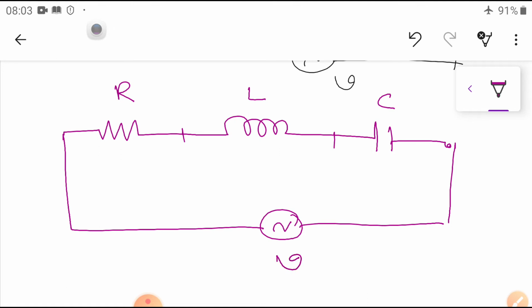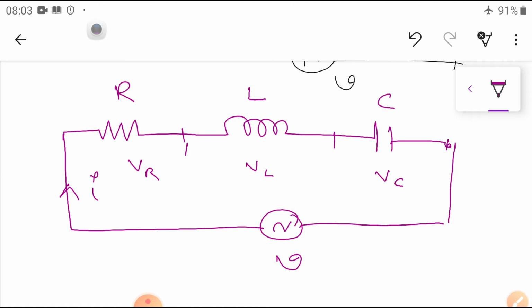The applied voltage is V, and the current which is passing is I. Then I can easily find VR, the voltage drop, VL and VC.